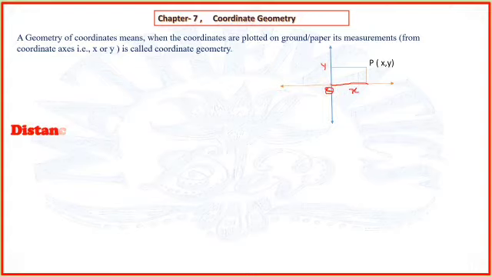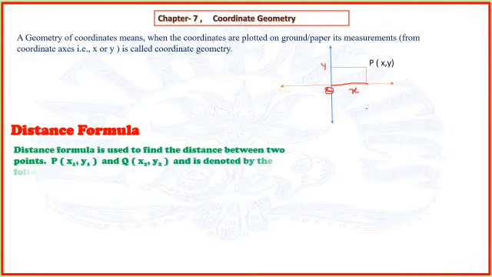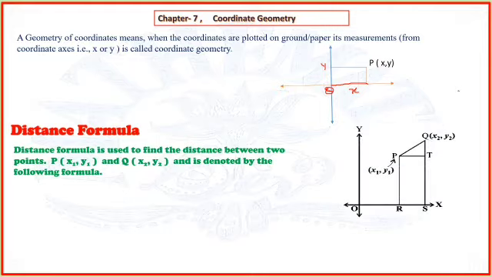Now the distance formula is very important to learn. The distance formula is used to find the distance between 2 points P (x1, y1) and Q (x2, y2), and is denoted by the following formula. We will find the distance between P and Q by the following formula.